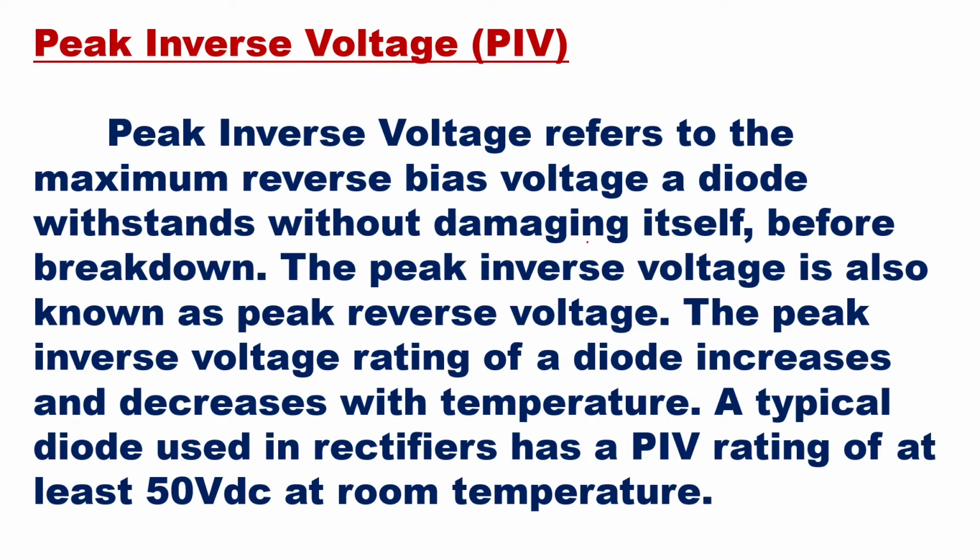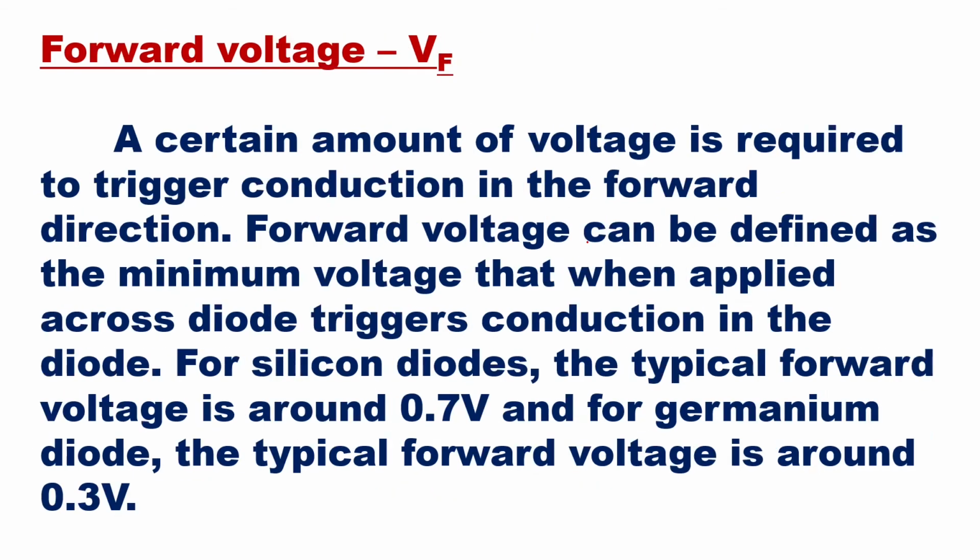Peak inverse voltage refers to the maximum reverse bias voltage, which we have seen, that the diode withstands without damaging itself before breakdown. The peak inverse voltage is also known as peak reverse voltage. The peak inverse voltage rating of a diode increases and decreases with temperature. A typical diode used in rectifiers has a peak inverse voltage rating of at least 50 volt DC at room temperature.